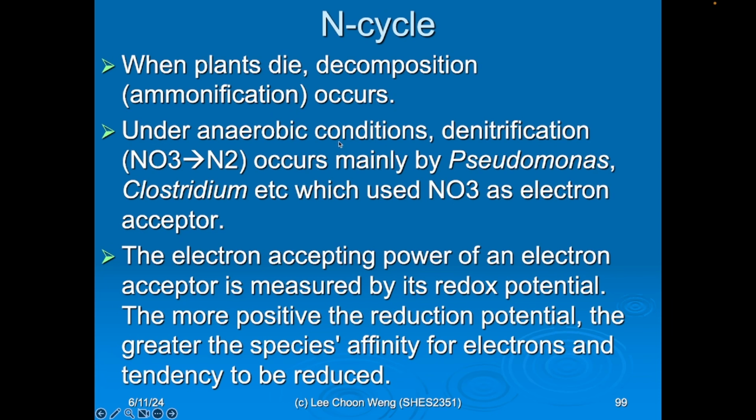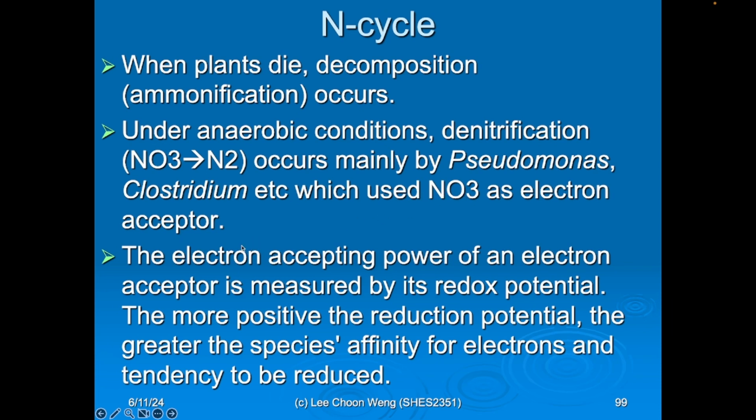Under anaerobic conditions, a process that is the reverse of nitrification, denitrification, can occur when nitrate is reduced to nitrogen. This is carried out mainly by bacteria, Pseudomonas, Clostridium, and Bacillus, for example, which use nitrate as electron acceptor.